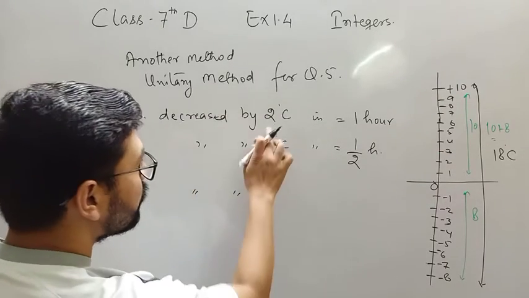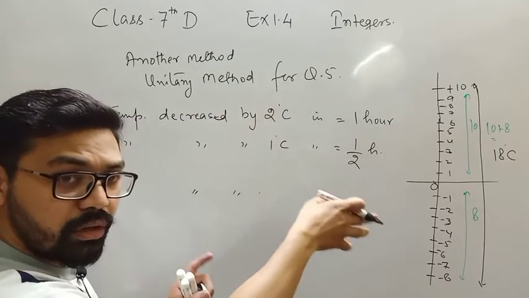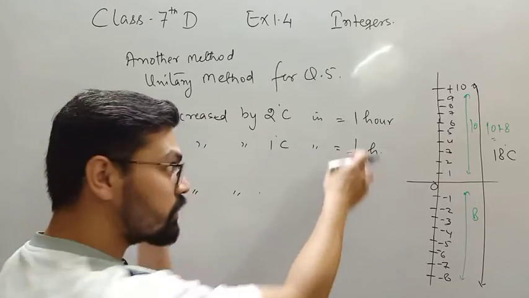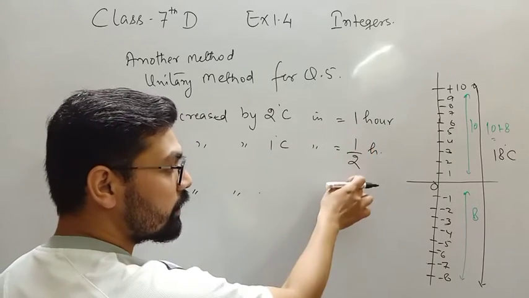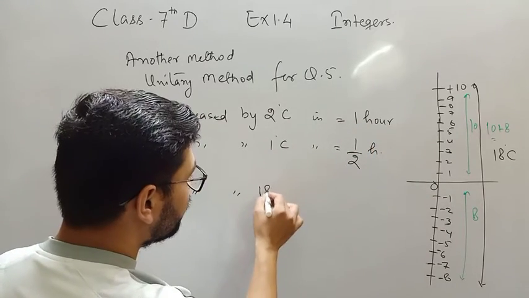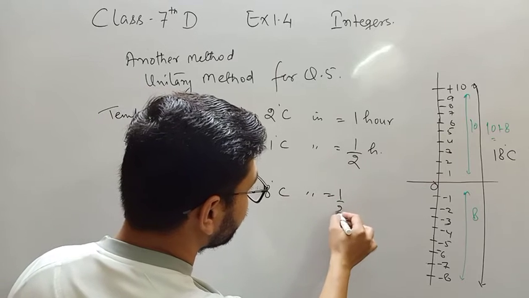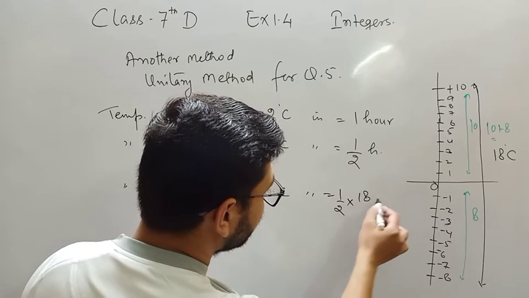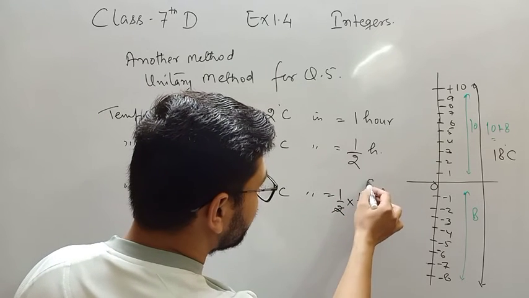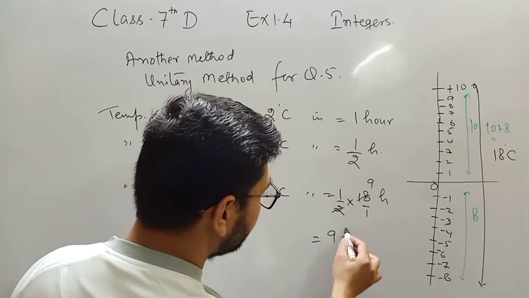So there is a decrease in temperature by 2 degrees Celsius in 1 hour, 1 degree Celsius in 1 by 2 hour. So 18 degrees Celsius in, 2 9s are 18, that is in 9 hours.